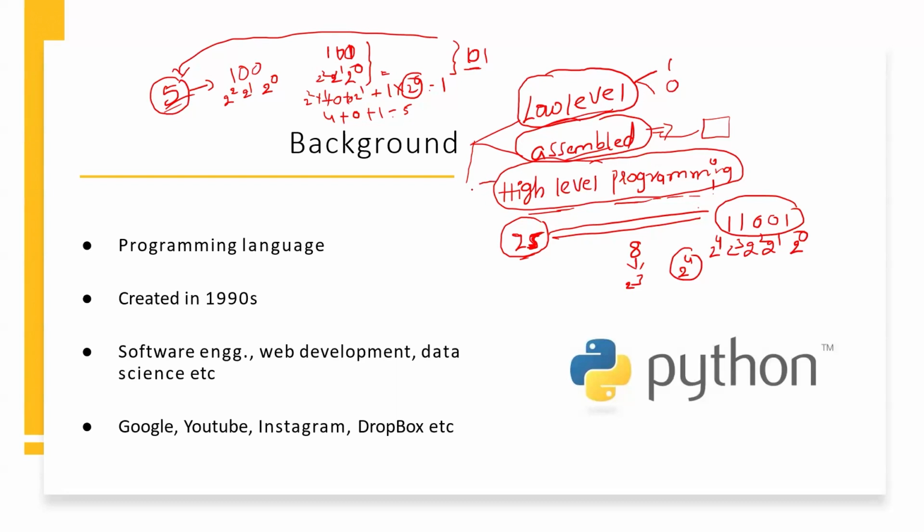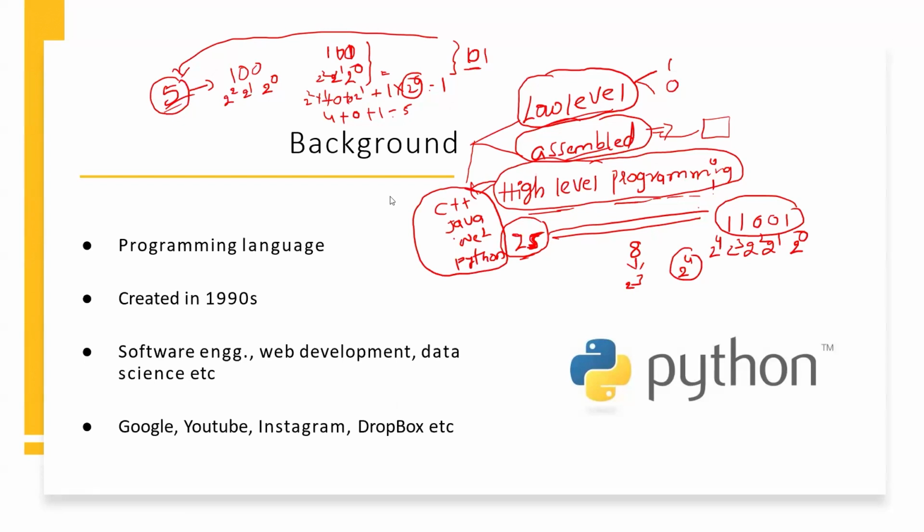The programming languages we have, like C++, Java, .NET, Python, every other programming language, all belong to high level programming languages. Though we write the program in high level, the computer converts the programming language into low level, right?